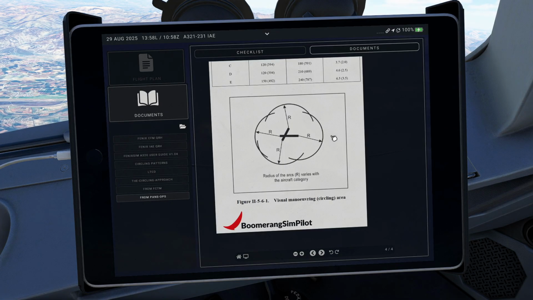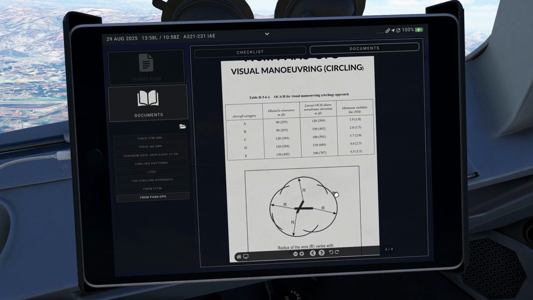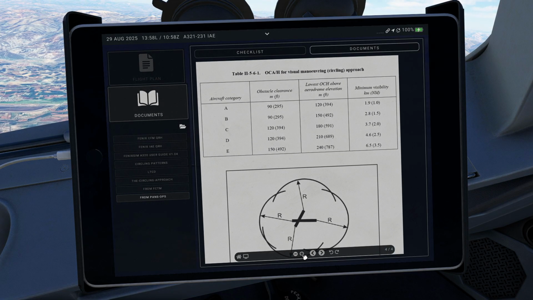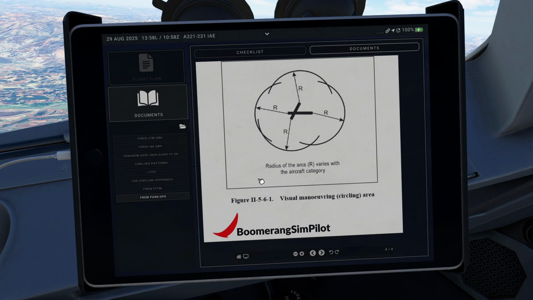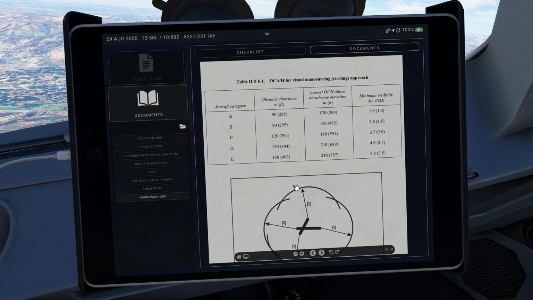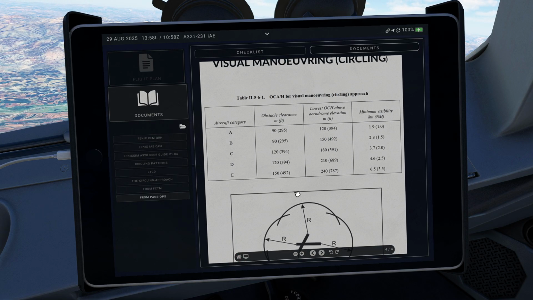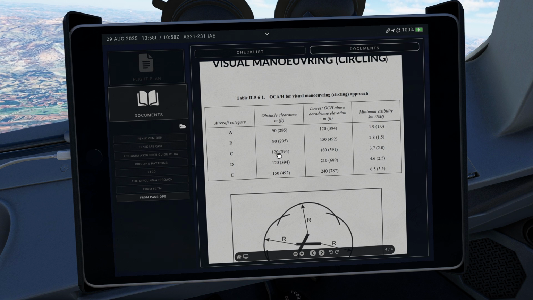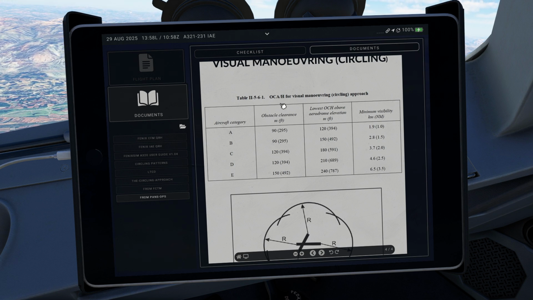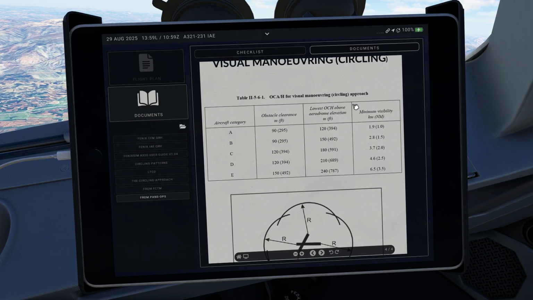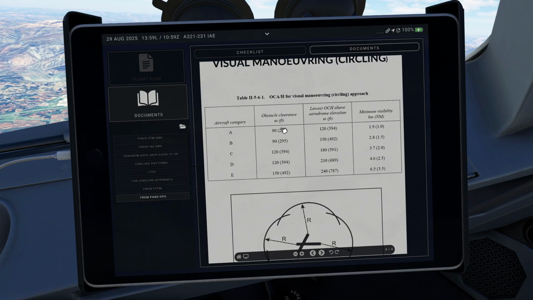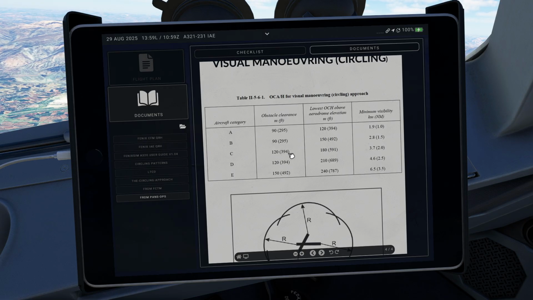Okay, the last page, I have one table and one figure. This figure is covered already, but for aircraft category Charlie, the obstacle clearance based on OCA/H for visual maneuvering or circling approach is almost about 400 feet.